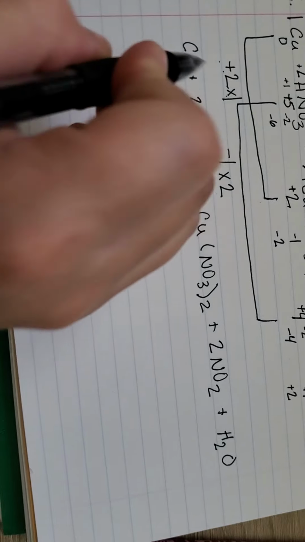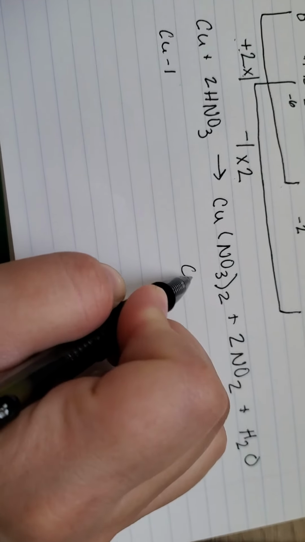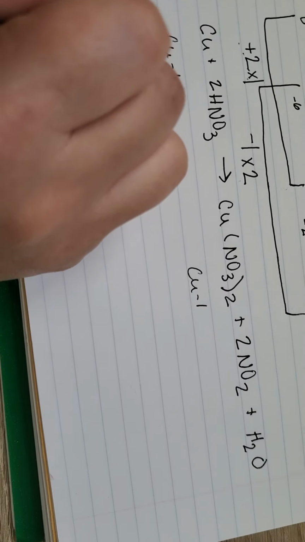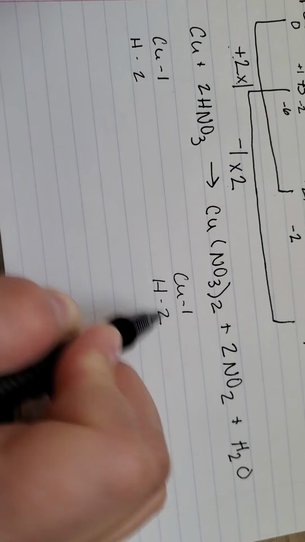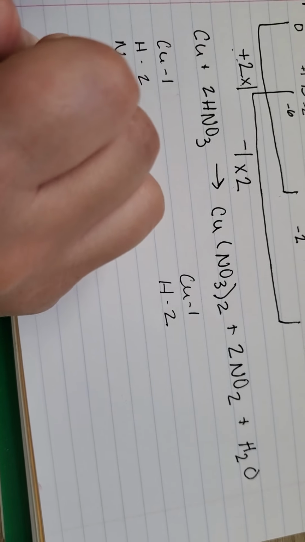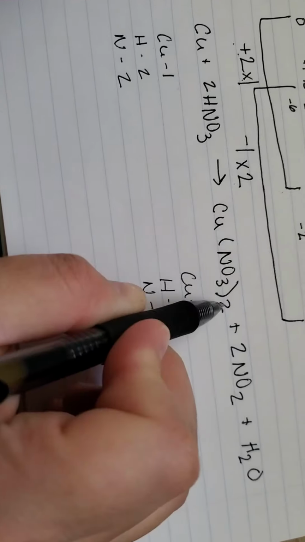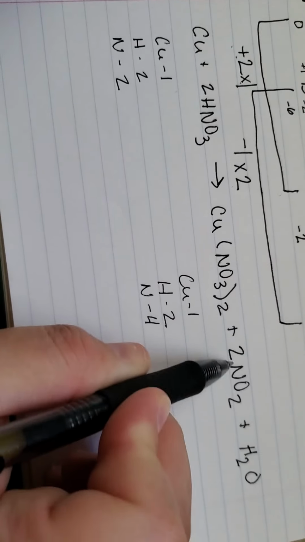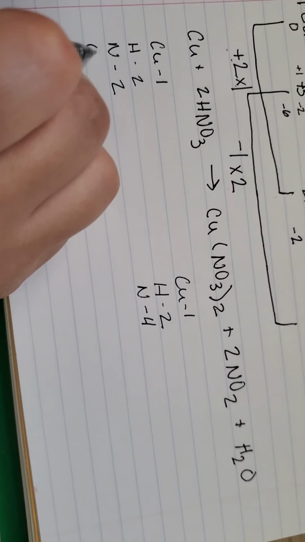All right, so I'll write this here. Copper 1, hydrogen I have 2, nitrogen I have 2, nitrogen I have 4 from these 2, and this 2. Next one, oxygen.